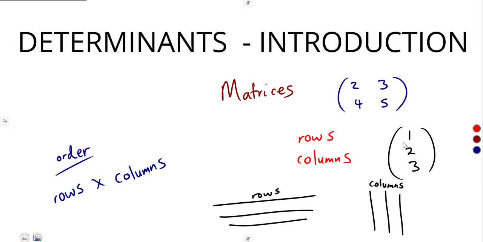So if we consider this matrix, how many rows do we have? We must count the rows. 1 is in a row, 2 is in a row, 3 is in a row, separate rows. So we are going to state the order of this matrix according to the rows versus what? Versus the columns.